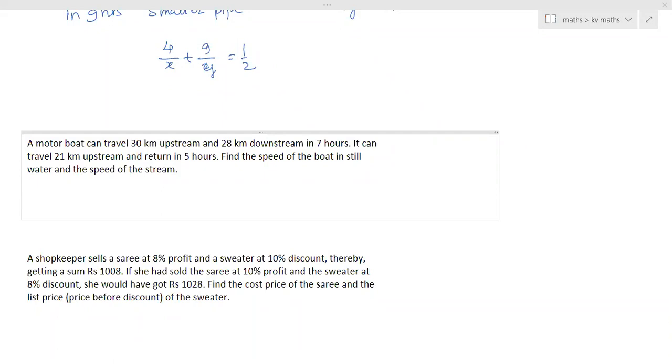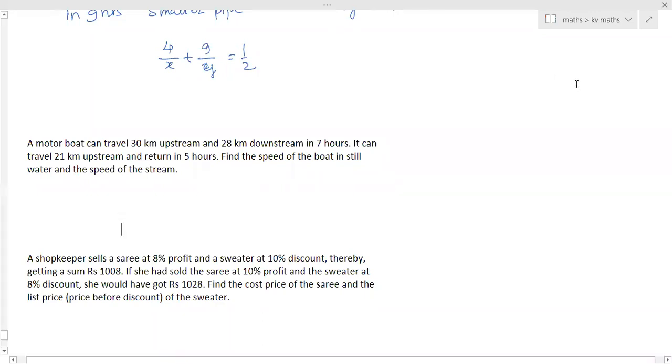Amina, which question you didn't get? Upstream speed is? Who didn't get? Check this.